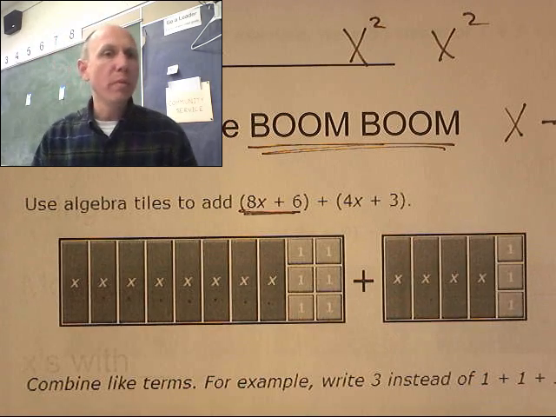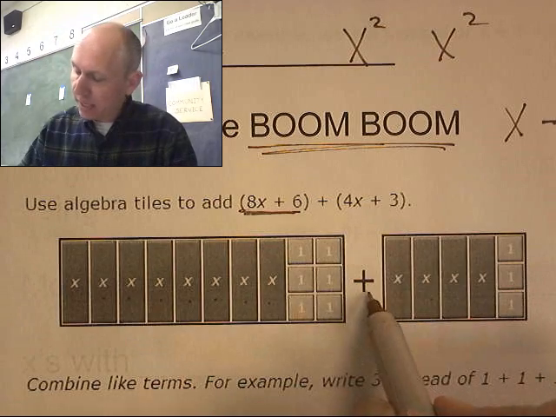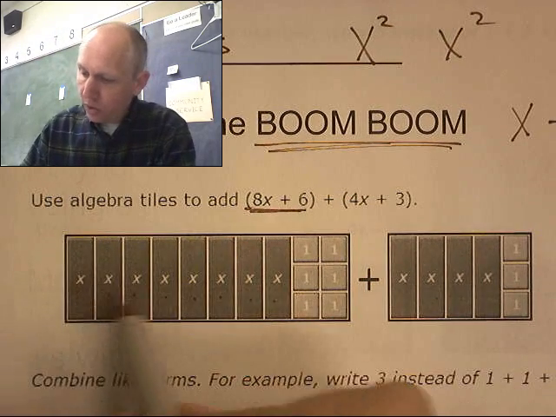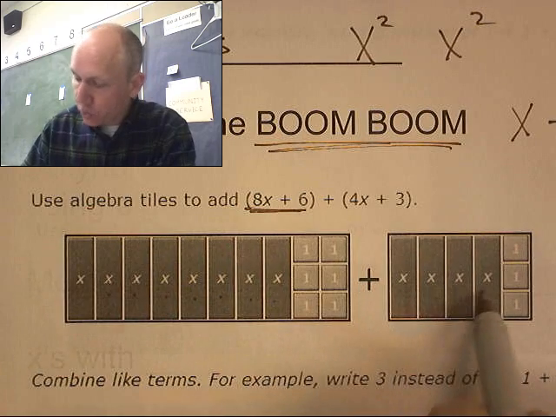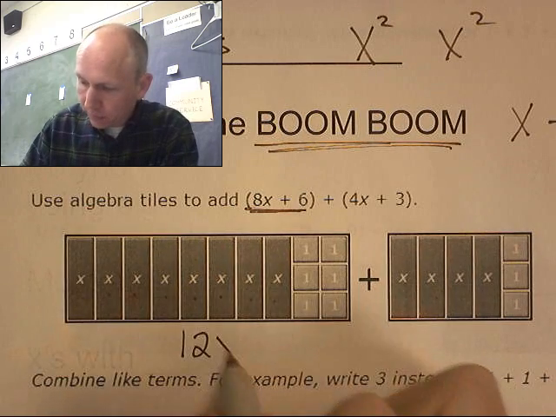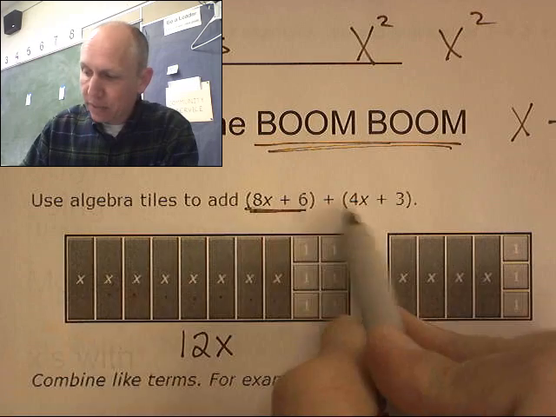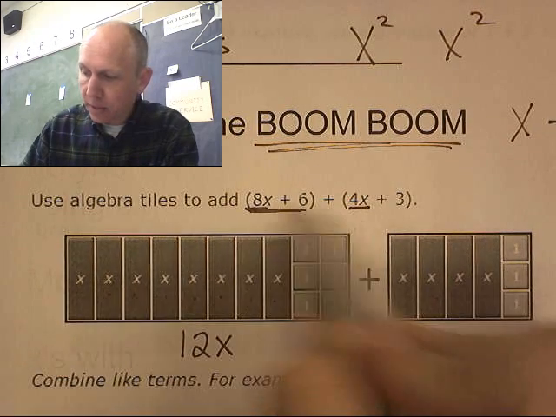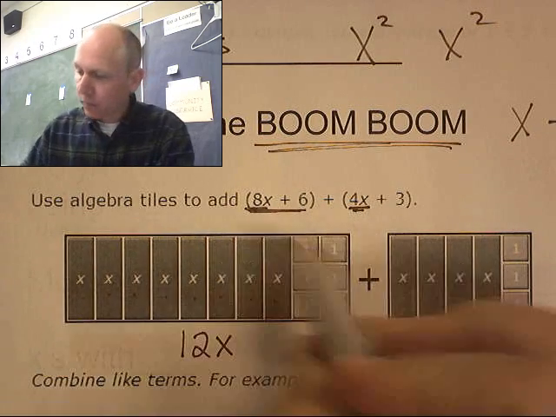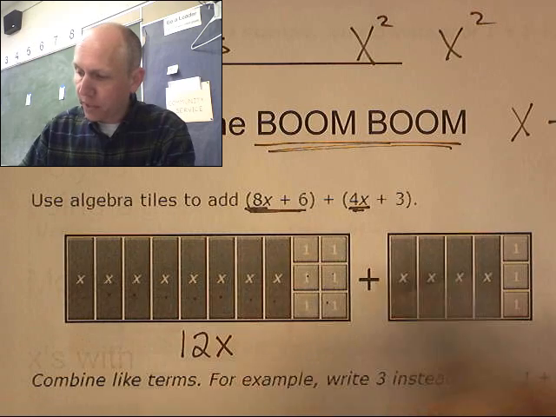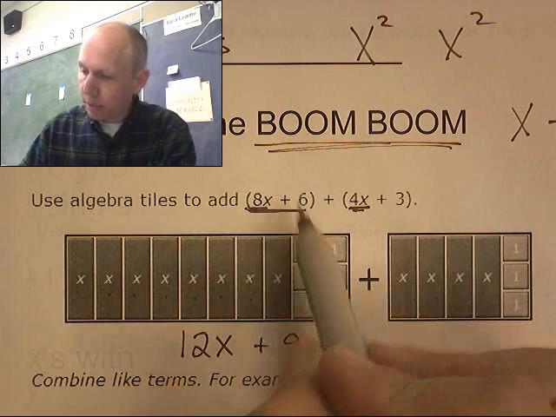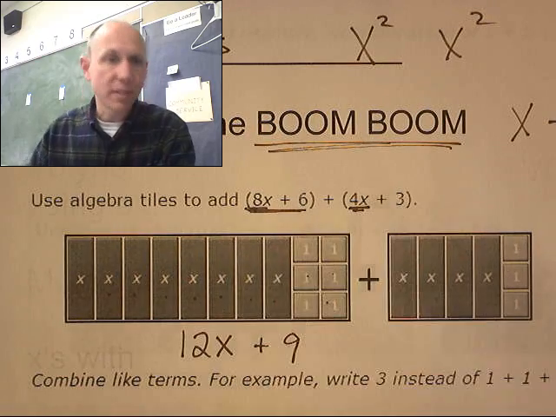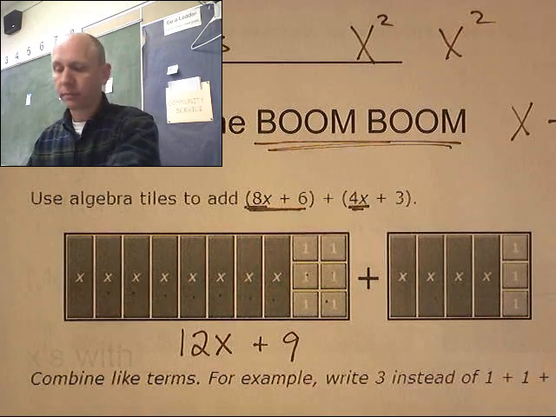There's no boom boom involved here because it's a plus, but I have what? 12 x's. That's 8 x's plus 4 x's, that's 12 x's. And I have plus 9, because 6 plus 3 is 9. That's it.